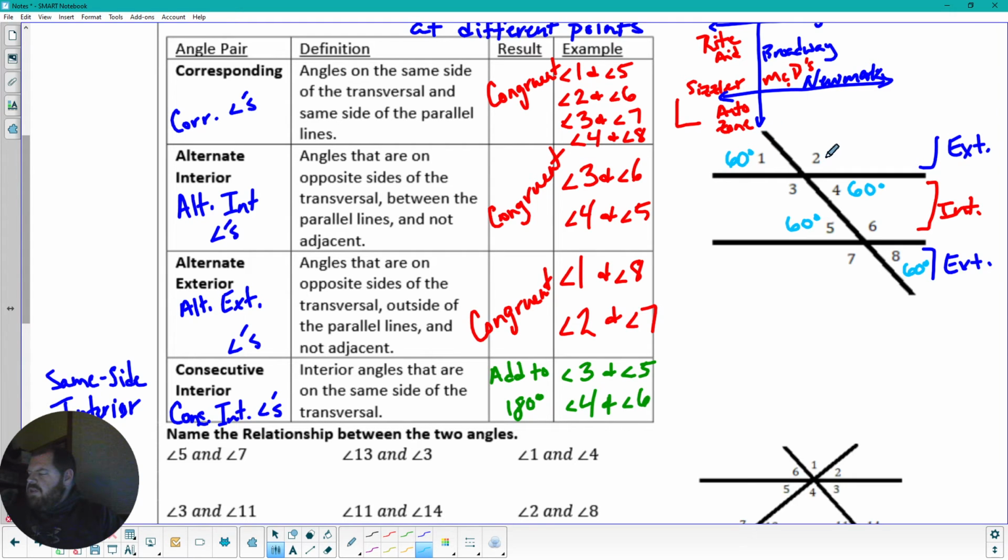Well, if angle 1 is 60 degrees, then angle 2, those form a linear pair. They're a pair of angles that add up to a whole line. So they add up to 180 degrees. And so angle 2 is 120 degrees. And by the same logic as I've already stated, we can come up with all these as 120 degree angles.